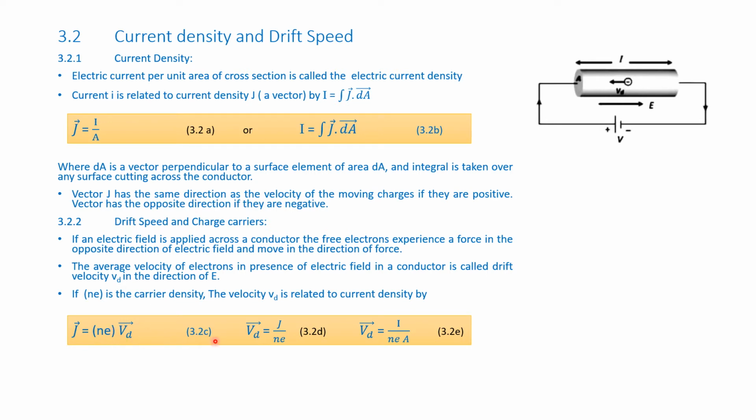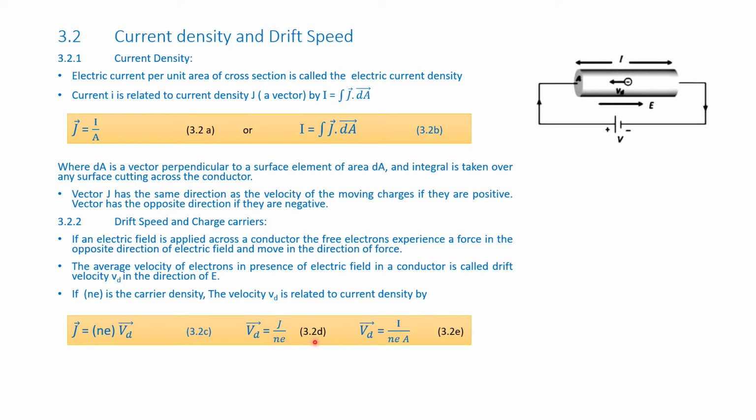This is equation 3.2. Rearranging, drift velocity Vd is given by Vd equals J divided by Ne. We are simply retaining Vd and bringing Ne to the denominator, so in the numerator we have J and in the denominator we have Ne.